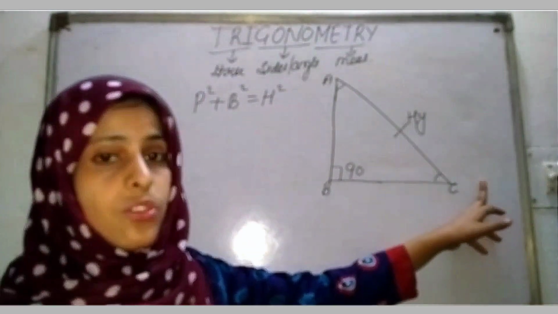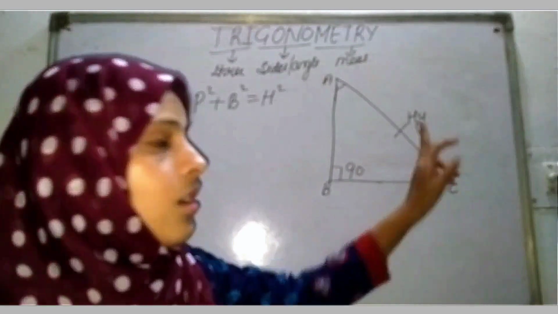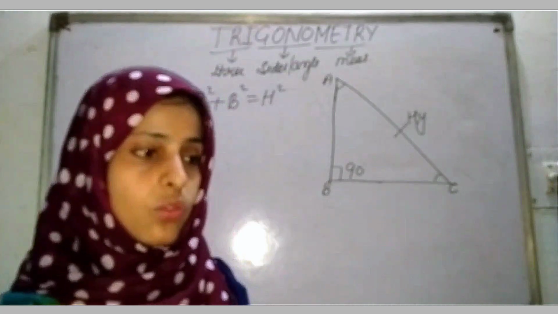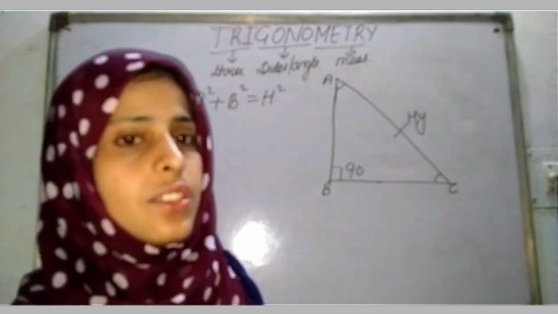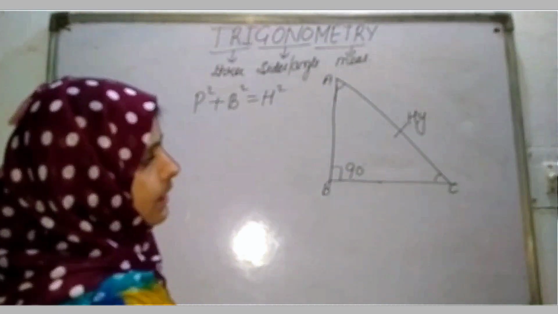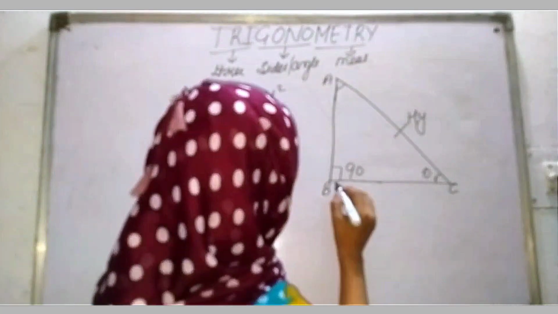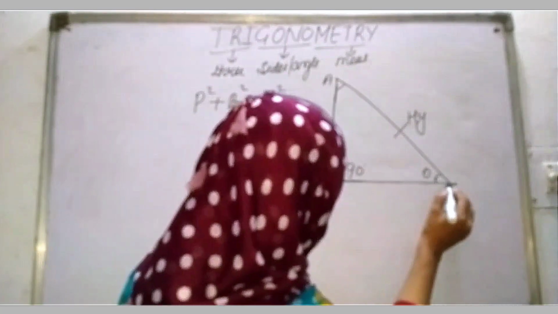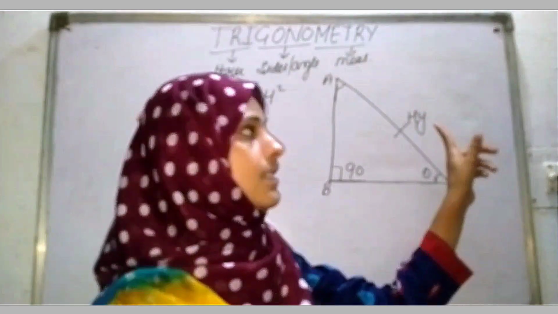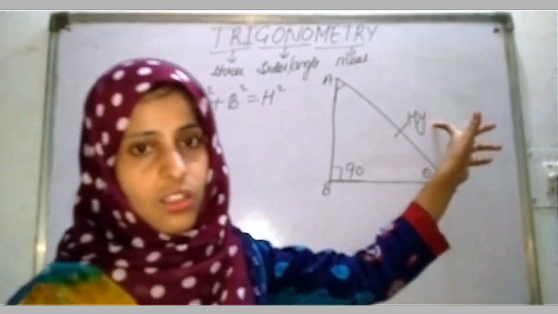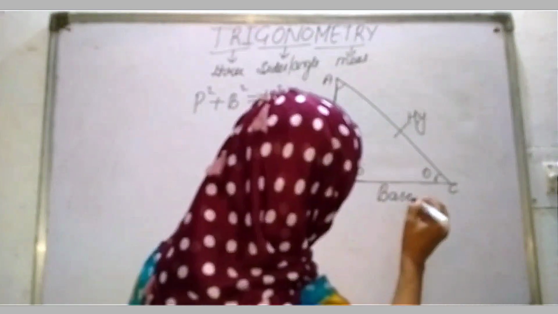Now the question is, what will be the base and what will be the perpendicular? The base is the adjacent side of the angle which is taken. Let us take angle C. The adjacent sides are BC and AC, but side AC is fixed as the hypotenuse, so the remaining one will be the base.